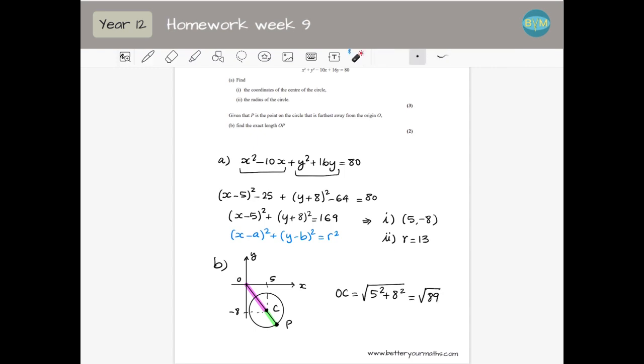And CP is the radius of the circle that we said was 13, which means that OP is going to be 13 plus root 89. It says the exact length, so we are going to leave it with the square root. And that's all with this question. This sounds a bit more complicated than it is, really.